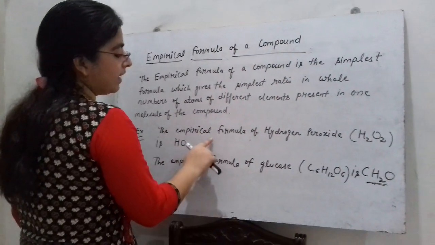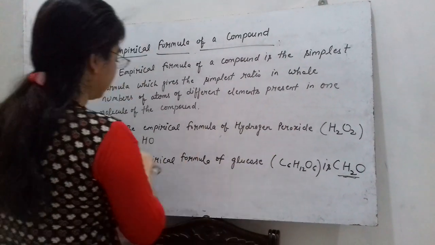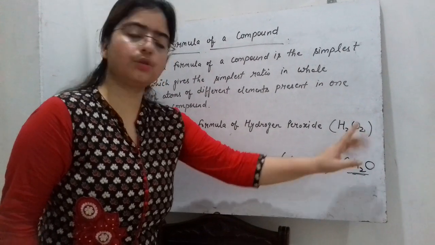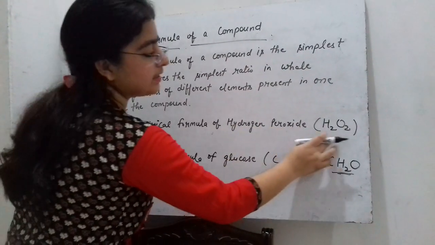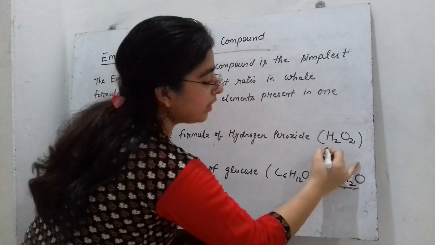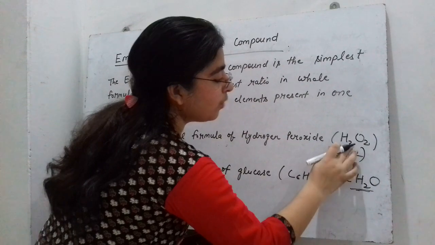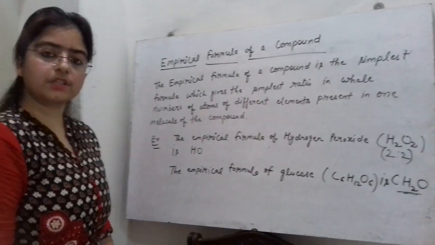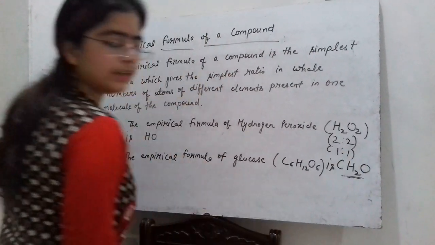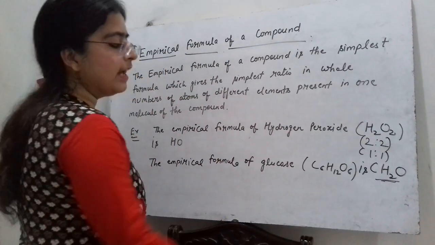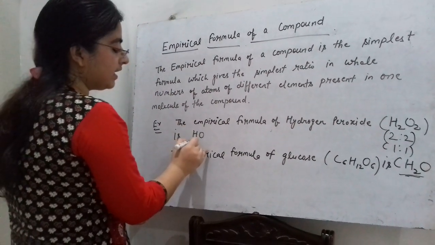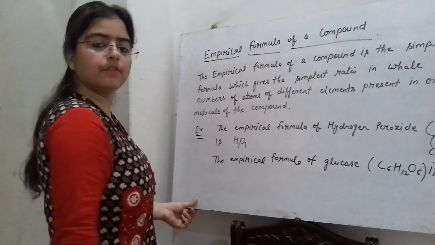Example: the empirical formula of hydrogen peroxide is HO. The actual formula of hydrogen peroxide is H2O2. Now here you can see the ratio between the number of hydrogen atoms and oxygen atoms is 2:2, because 2 atoms of hydrogen are here and 2 atoms of oxygen are here. But the simplest ratio can be written as 1:1. 2 is the common factor here, and as a result the formula will become HO, which contains 1 atom of hydrogen and 1 atom of oxygen.